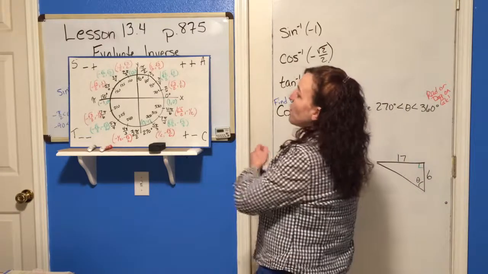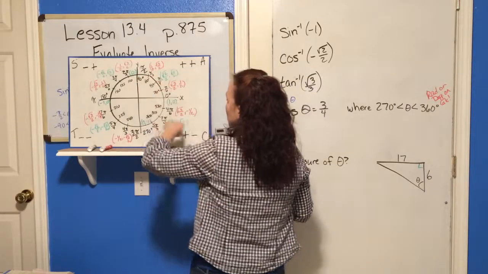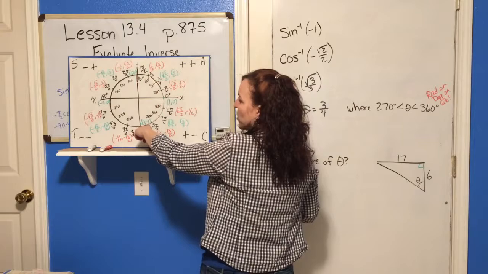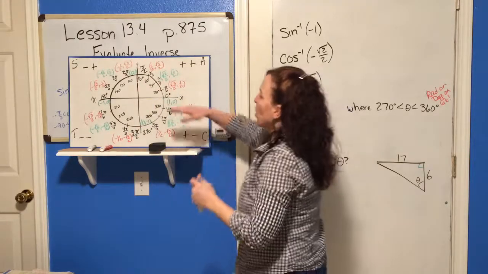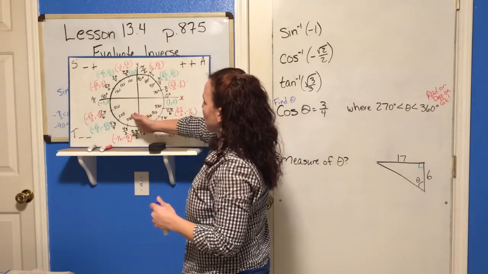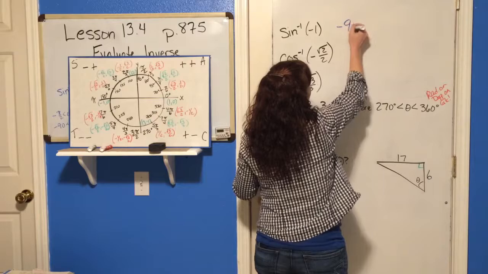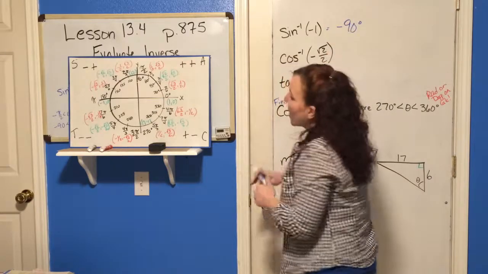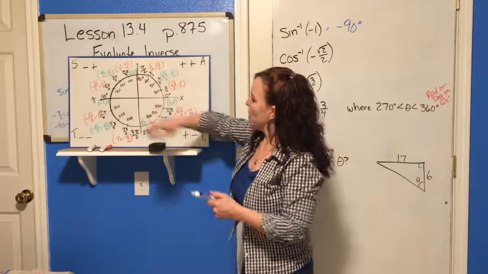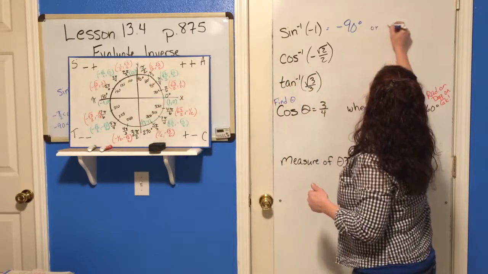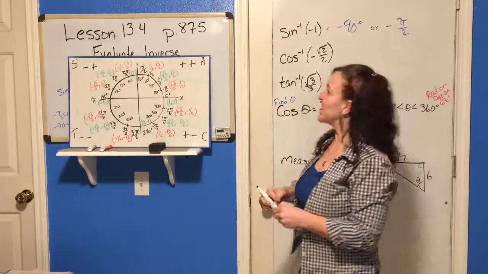So we look, and remember we're looking at the first and fourth quadrants, and the sine is -1 down here at 270 degrees, but remember we're not going to use 270. We're going to say, well, it's 90 degrees downward, so this was negative 90 degrees. And it's going to be exactly opposite of this pi over 2, so it's going to be negative pi over 2. All right? Easy enough?